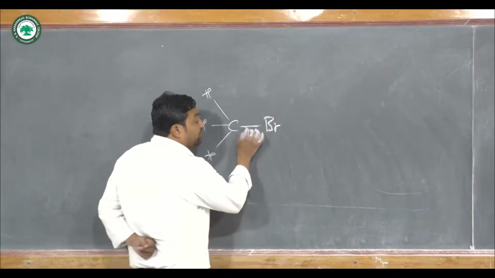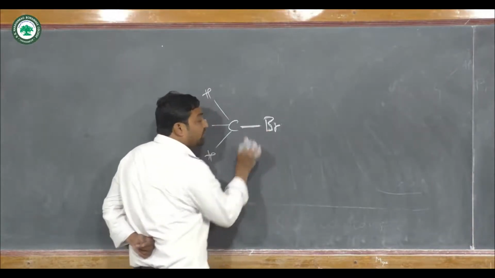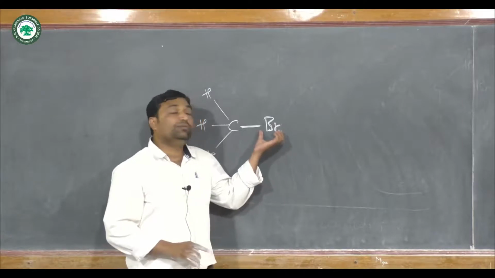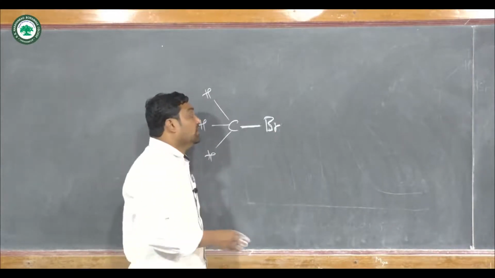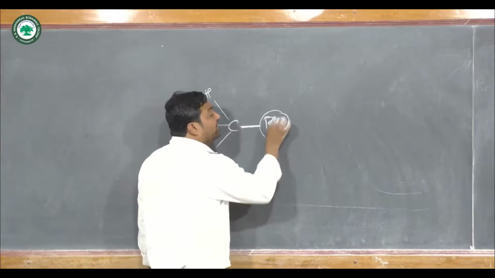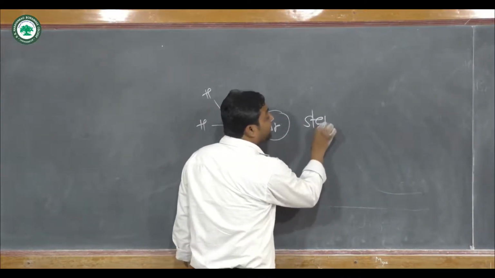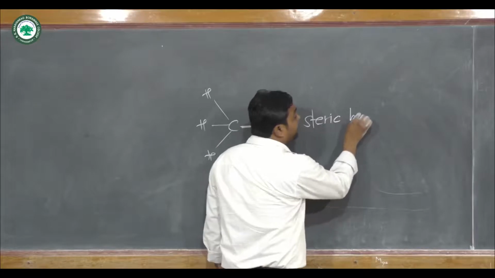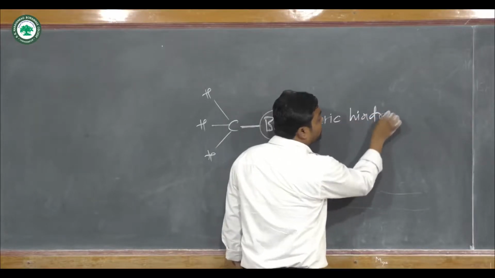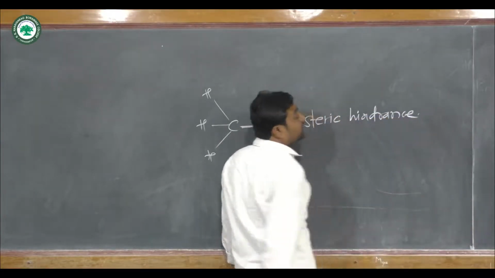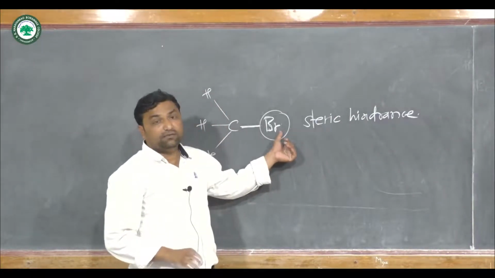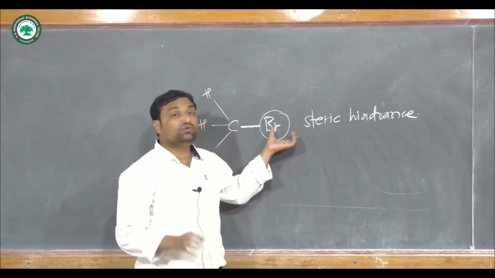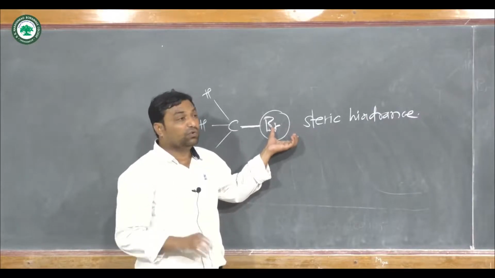This bromine which acts as a leaving group will create a steric hindrance to the upcoming nucleophile.